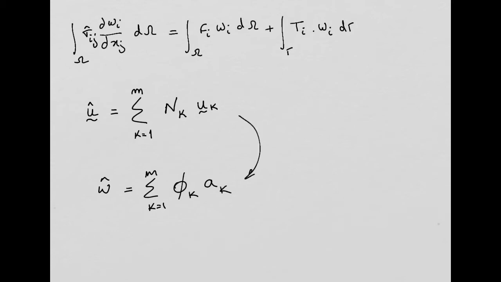So if you compare these two, I'm doing exactly the same thing. The only difference now is that my unknown coefficients, a_k, they are going to be also unknown, but now displacements.